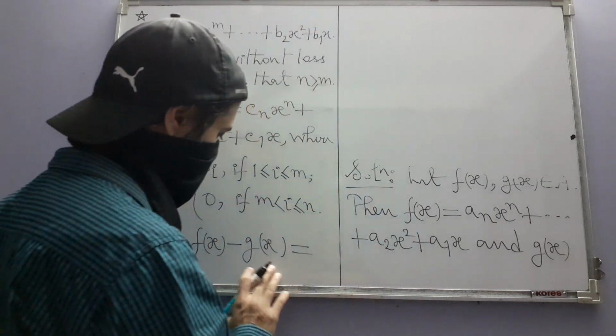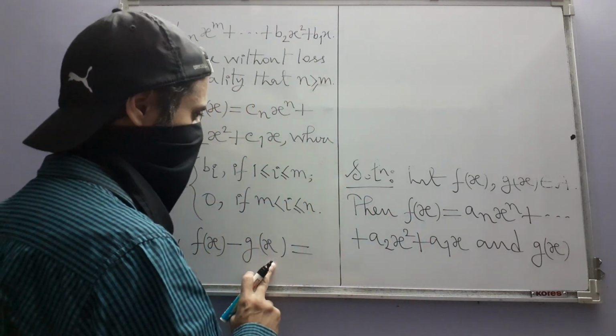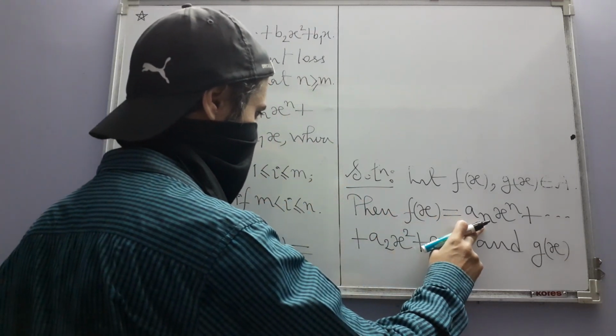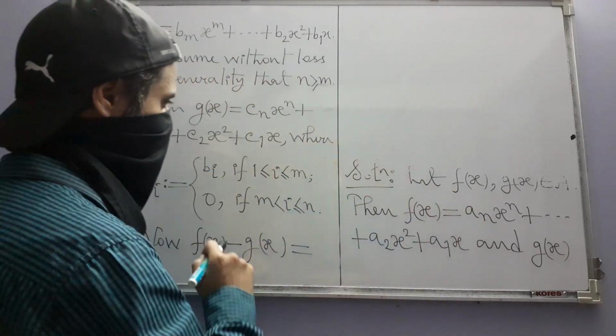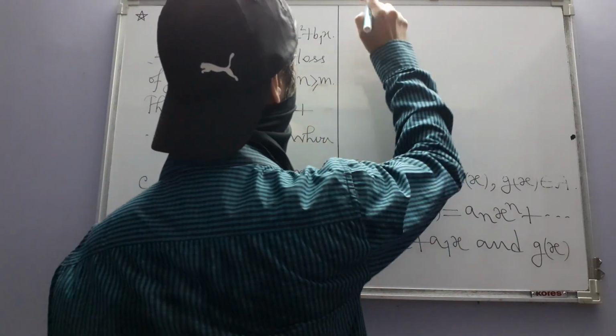Okay, so where was I? f of x minus g of x. The f coefficients are ai and the new g coefficients are ci, and we have n.